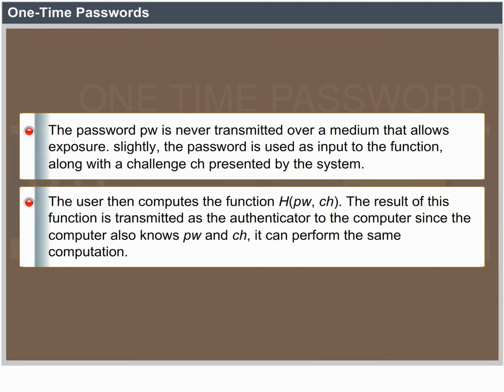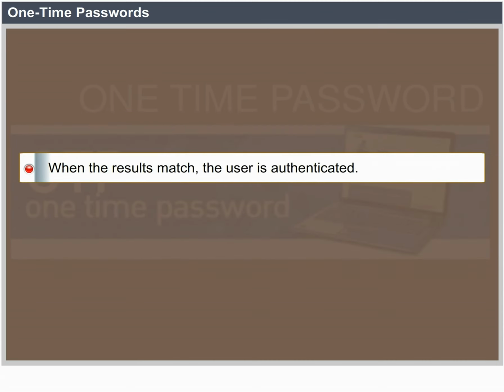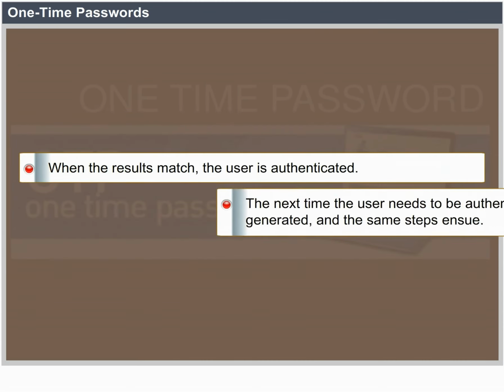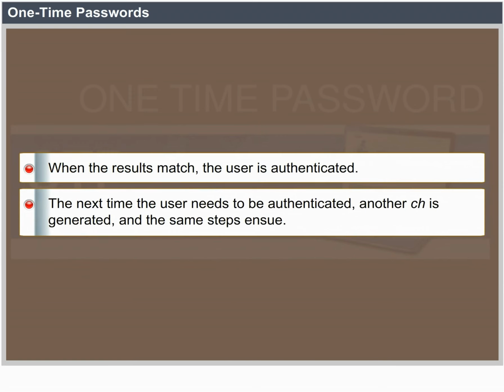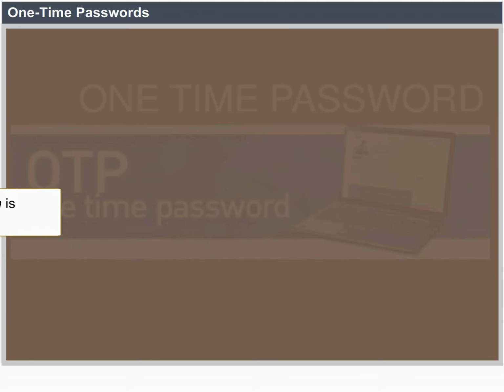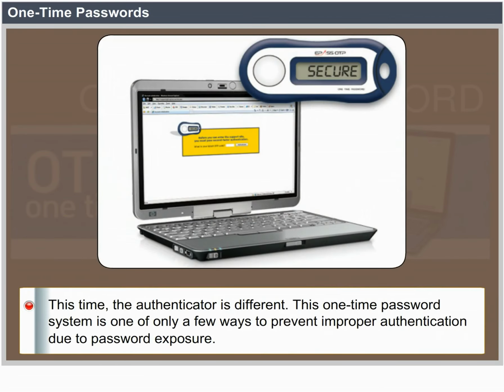If the results match, the user is authenticated. The next time the user needs to be authenticated, another CH is generated and the same steps ensue. This time, the authenticator is different. This one-time password system is one of only a few ways to prevent improper authentication due to password exposure.